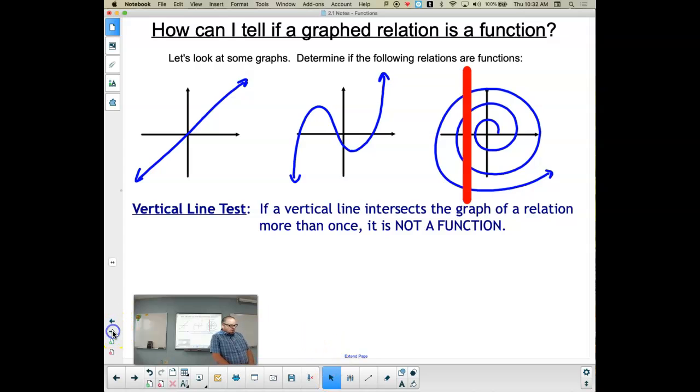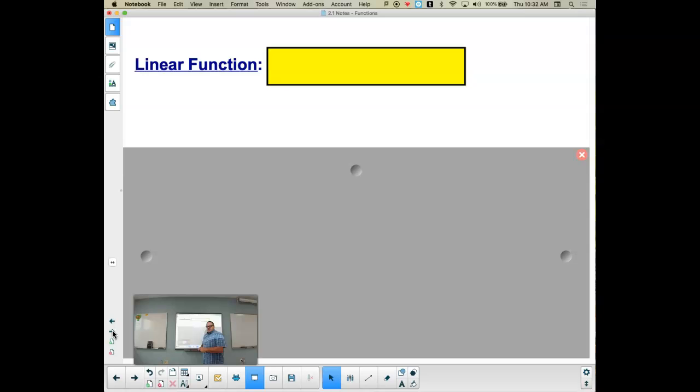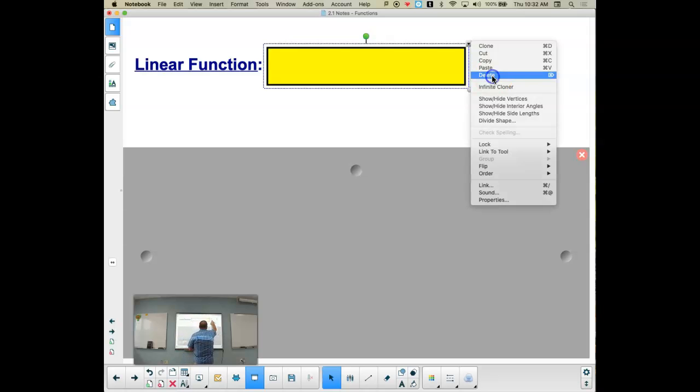Let's talk some kinds of easier functions. Okay? The easy functions are linear functions. Linear functions are a special relation. Does it fly away? Nope, I thought it was going to fly away if I touched it. Okay?